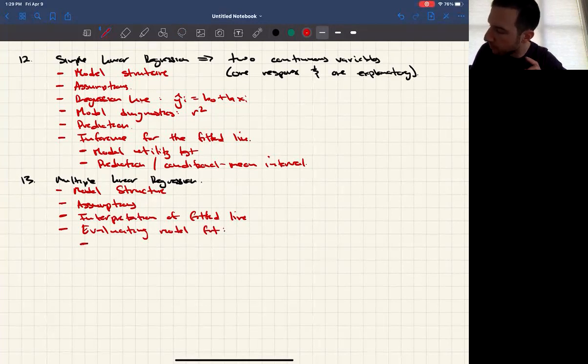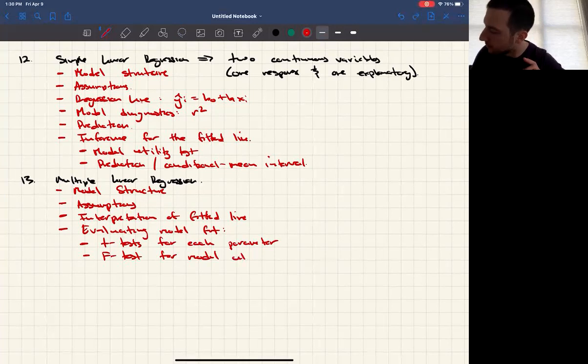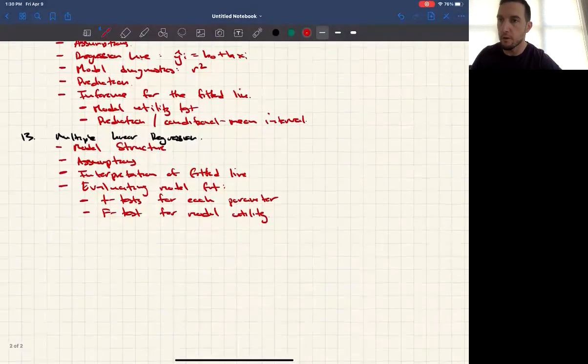So this can be done through t-tests for each parameter or the F test for model utility. Okay, right? So that means, again, that we talked about an ANOVA structure for the multiple linear regression model. That's where this F test for model utility comes from.